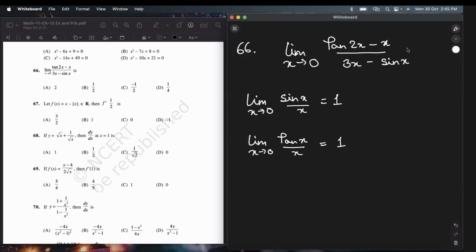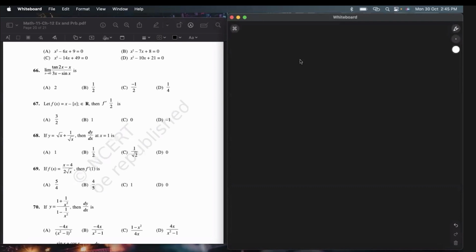Alright. So currently, if we see, this is a 0 by 0 form. So we can't just simplify it just yet. In order to do so, what we can do is we can make these two formulas appear in the whole given expression. So how can we do this? The question given to me is this.